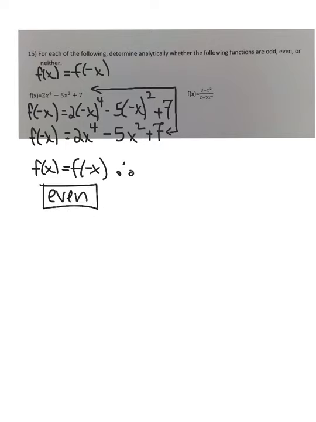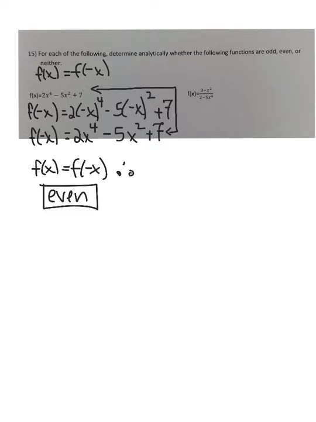Now remember, I have you group the original with your final f of negative x and take a good look at that. And you should notice that they're identical to one another. So then you just restate the rules, so say f of x equals f of negative x, therefore even. And there's your answer.